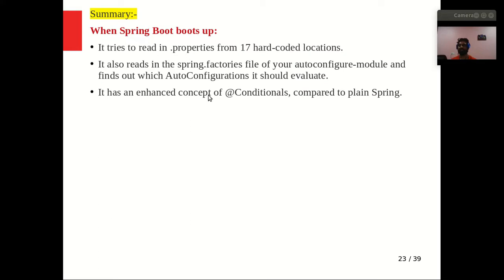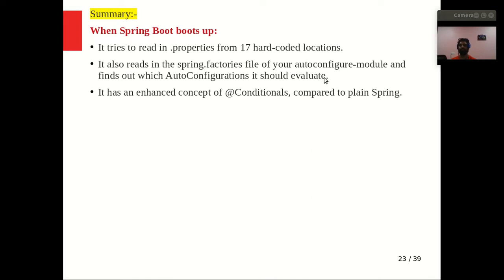So the summary is that when Spring Boot boots up, it tries to read .properties files from the 17 hard-coded locations as we have seen in the jar, and it also reads the spring.factories file of your auto configure module and finds out which auto configure it should evaluate, right?